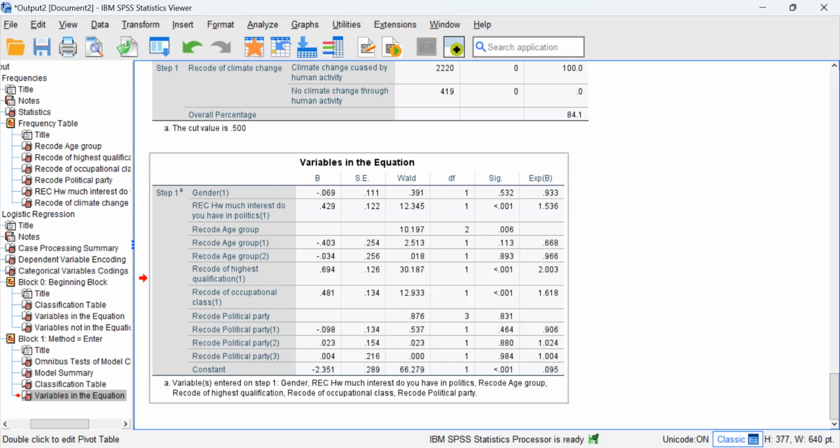These next three columns here are all associated with calculating the statistical significance of the log odds. We're not going to be looking at the standard error. We're not going to be using the Wald statistic. We don't tend to use these. Simply, we're going to be looking at the significance value. So this is the p-value.